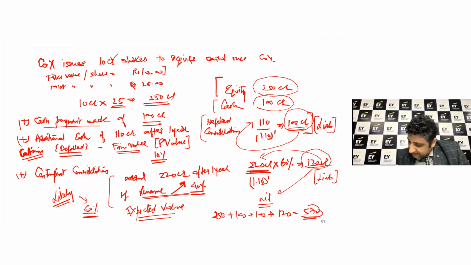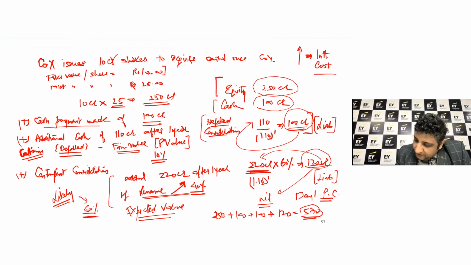This is my day one purchase consideration. Okay. Any increase in the deferred consideration is purely because of a delay in the payment, right? And that would be accounted for as an interest cost. Okay.